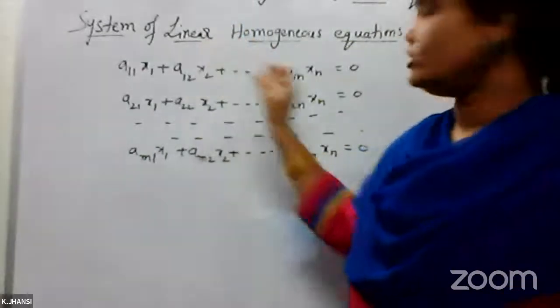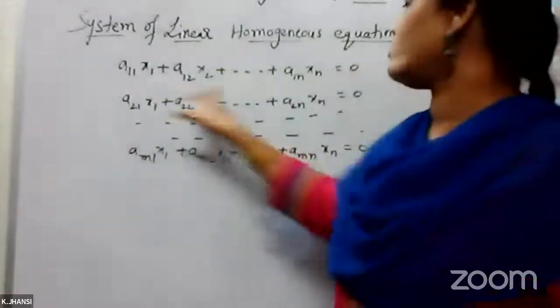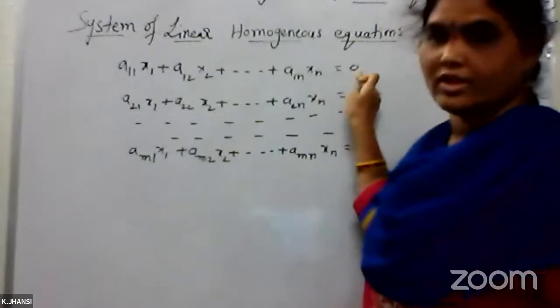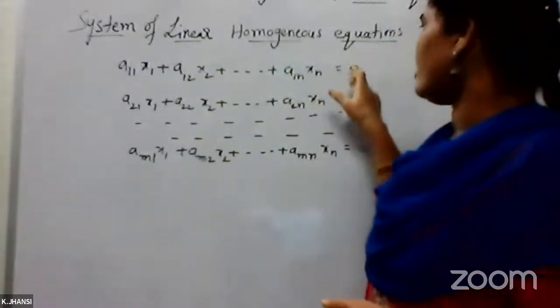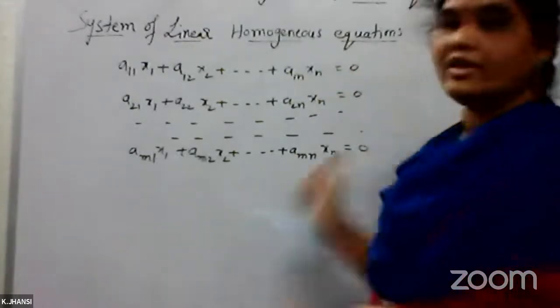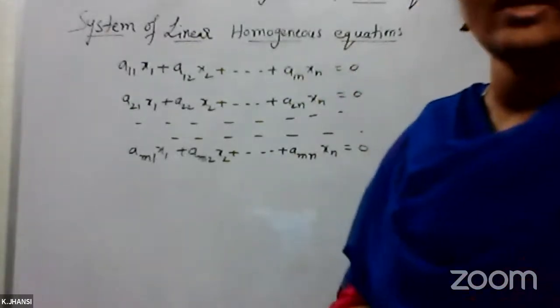If the equation equals 0, then we call it a homogeneous linear equation. If we have any constant values here, then it is called a non-homogeneous linear equation.